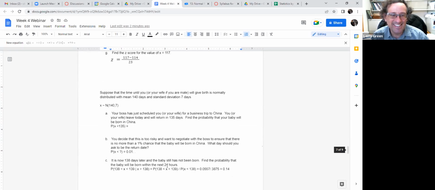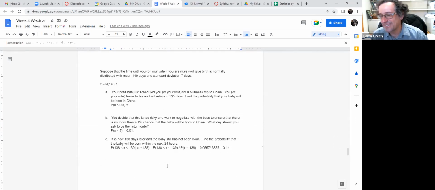And so here is an example. Okay. So suppose the time until you or your wife, if you're male, will give birth is normally distributed with mean 140 days and standard deviation 7 days. By the way, if the mean is 140 days and you want to talk to general people who don't like statistics, what do you say?